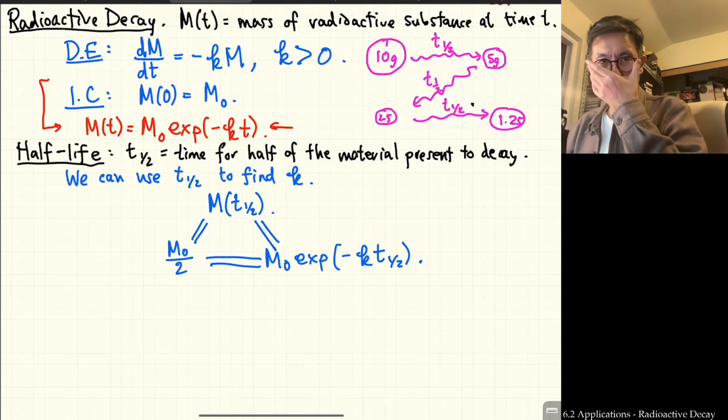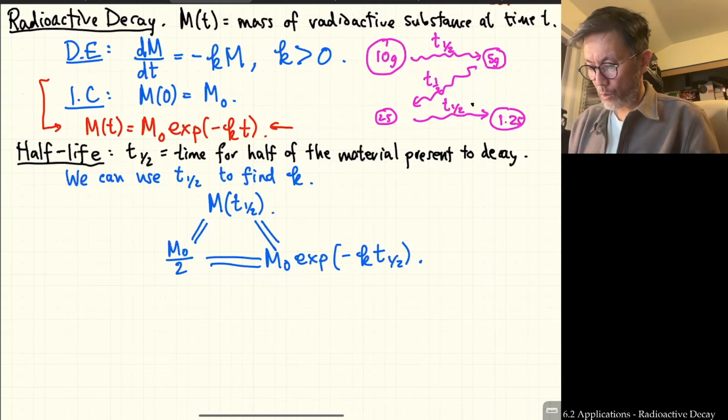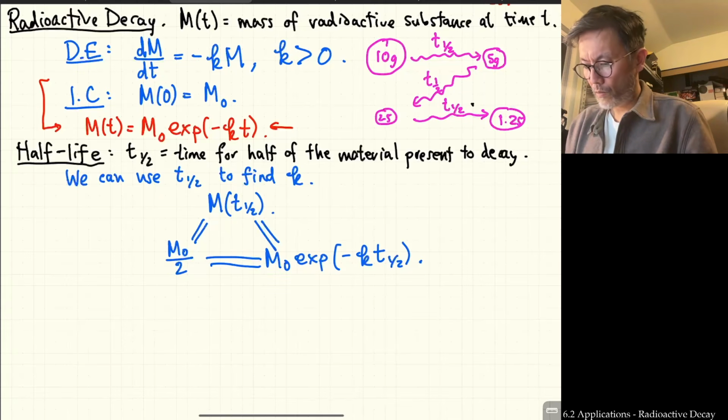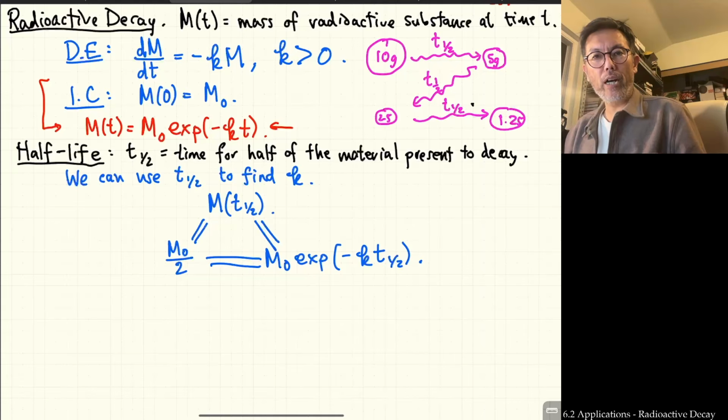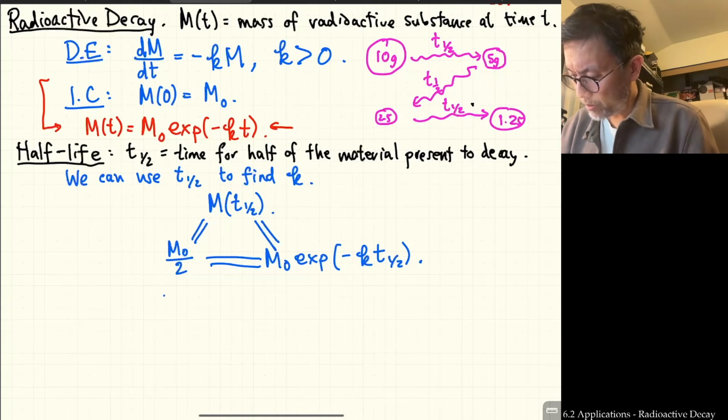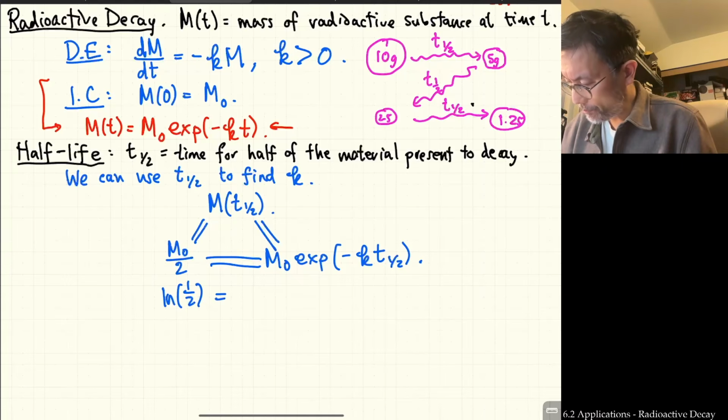Okay? So now we're going to solve this equation. We're going to divide both sides by m naught, so that cancels the m naught from both sides. I'm going to take the log of both sides to kill the exp. So I have log of 1/2 is equal to negative k times the half-life.